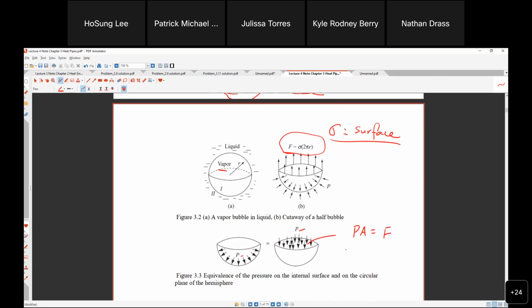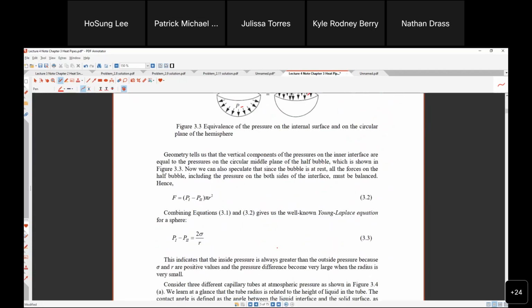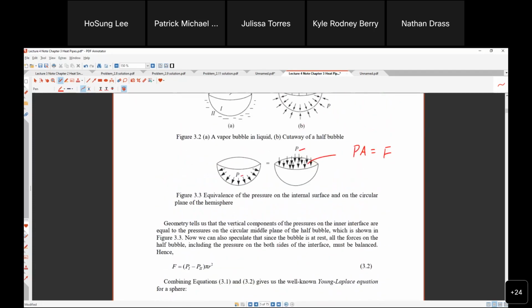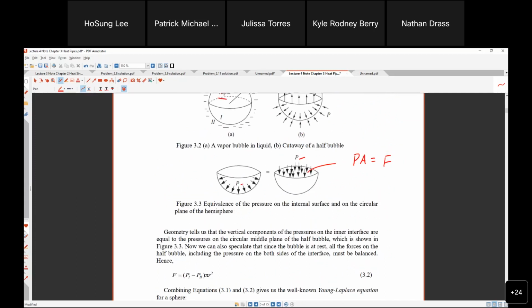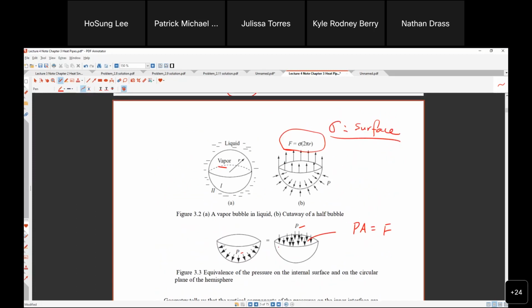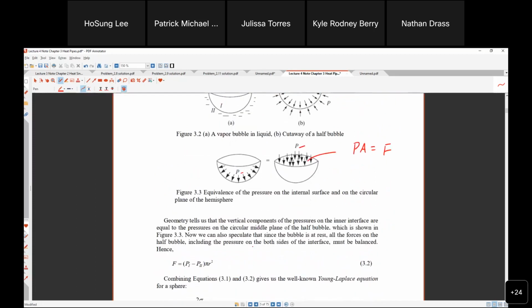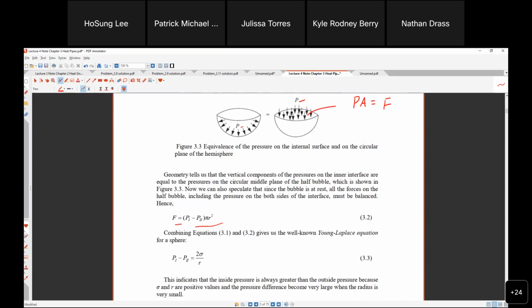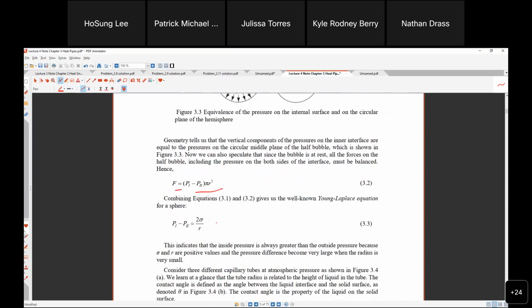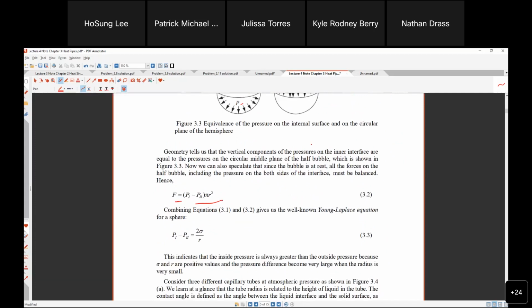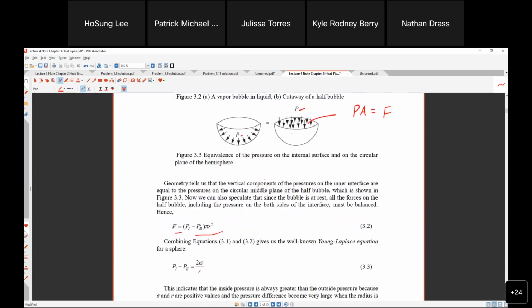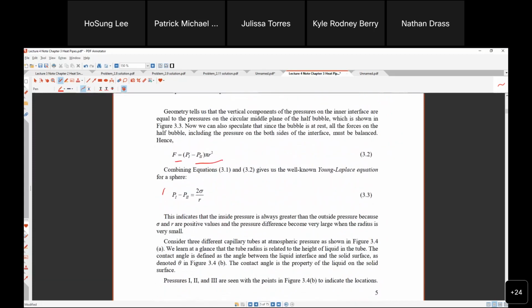Okay, that's why we have here inside and outside balance, and that force is equated with that surface tension, and we come up with equations. That's known as the Young-Laplace equation.